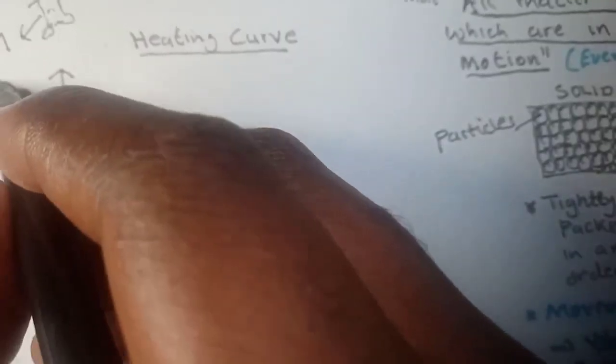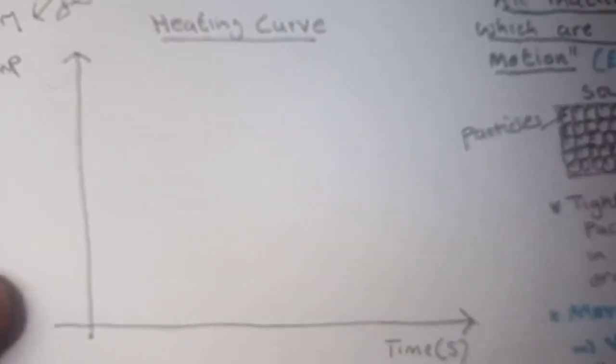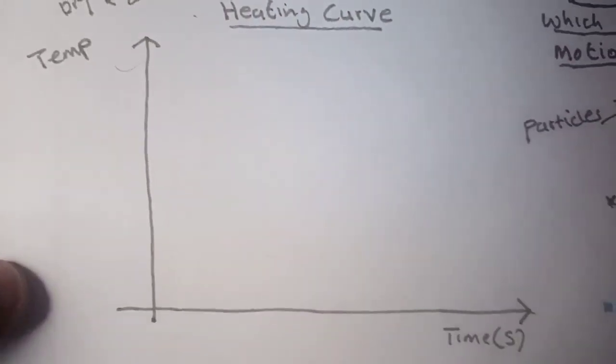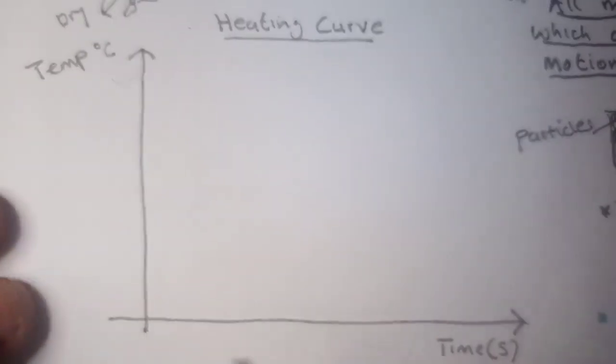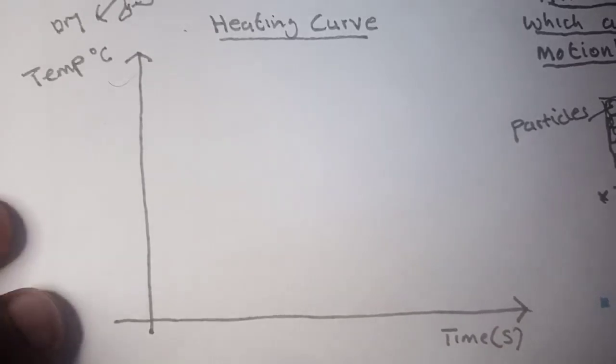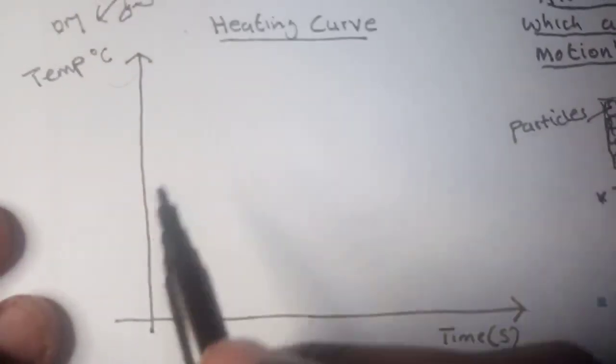Then on this side, you have temperature. The SI unit for temperature is actually Kelvin, but here we use degrees Celsius.